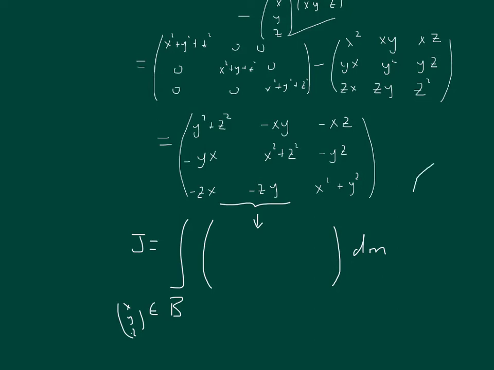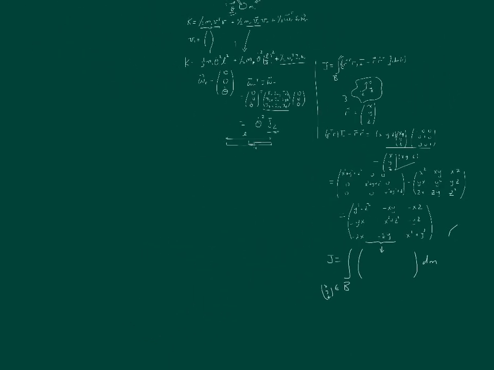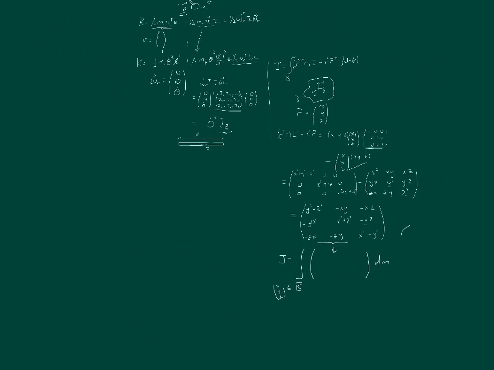Okay, so now we want to go back to our problem, and notice in this particular case that we're only looking for the z component, so we can write Jz is equal to the integral, and now we're integrating just along this rod.